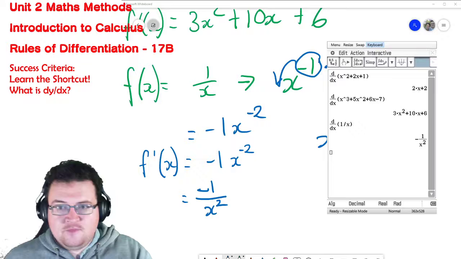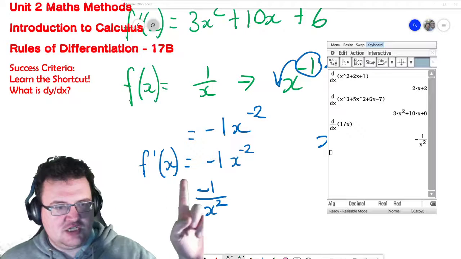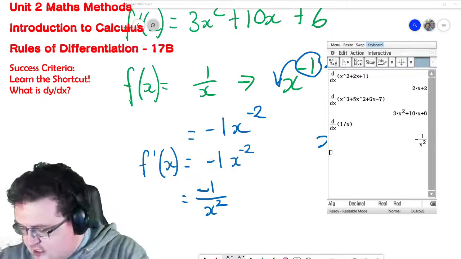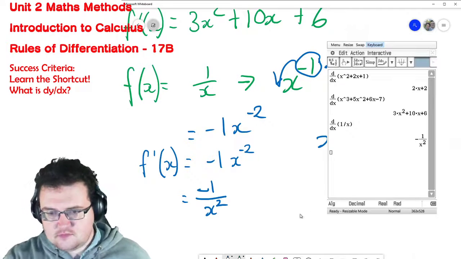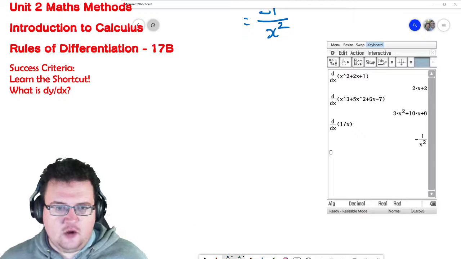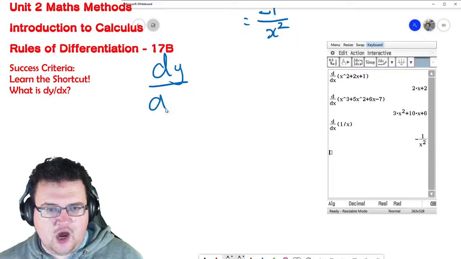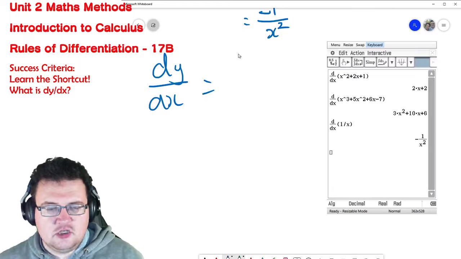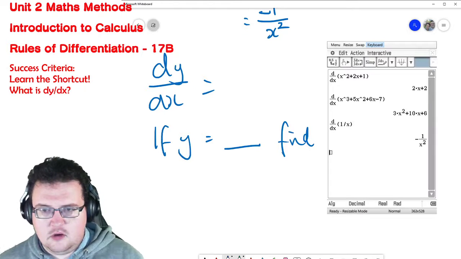Now, in function notation, we write it as f dash x. Some places will ask you to do it as dy dx. So if y equals blur, then find dy dx.